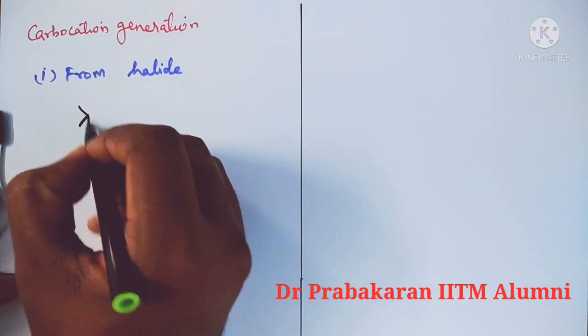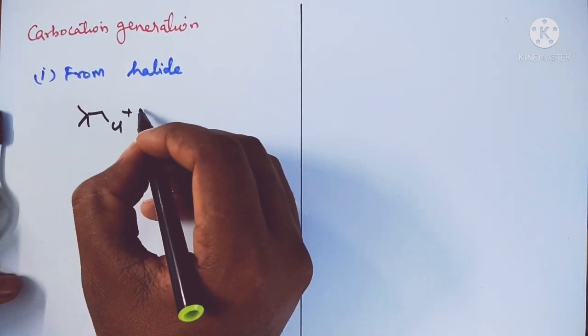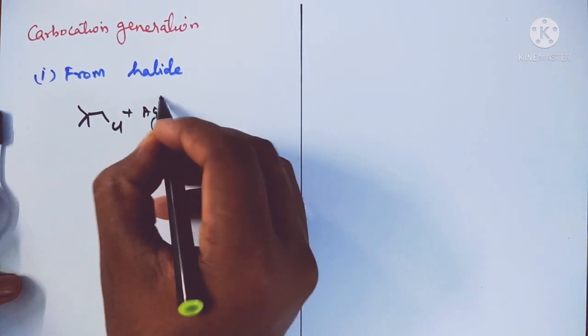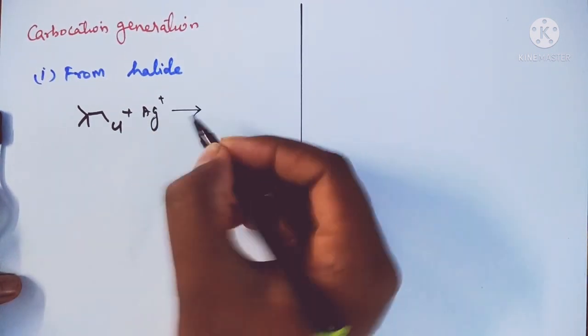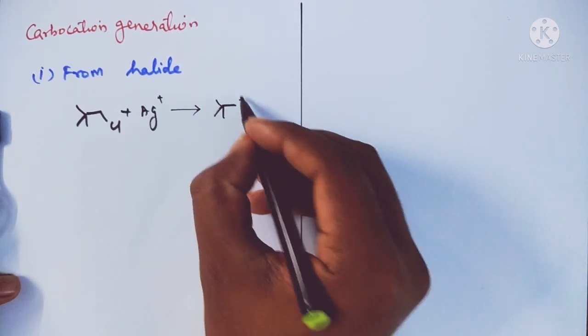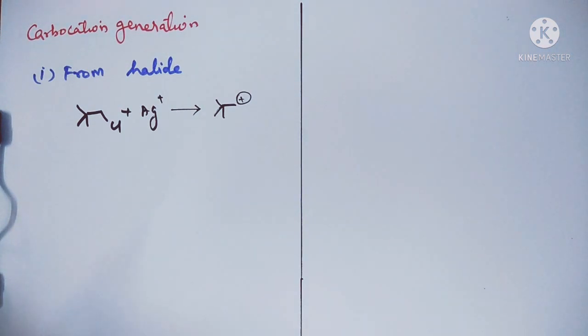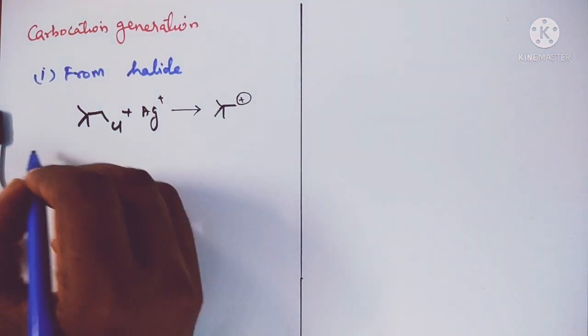For example, alkyl chloride gives the formation of a primary carbocation.